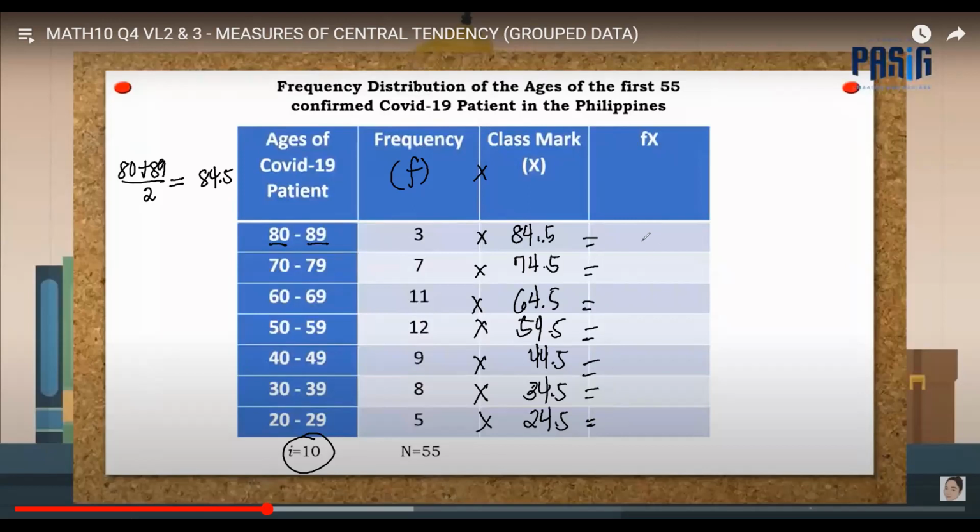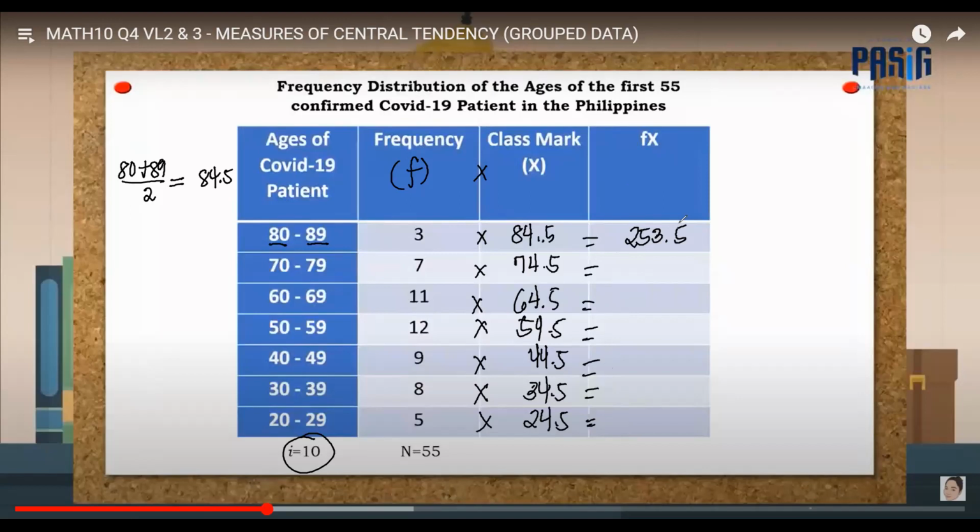Okay, so what will be our answer here? 253.5. Sige, paki-compute mo na.